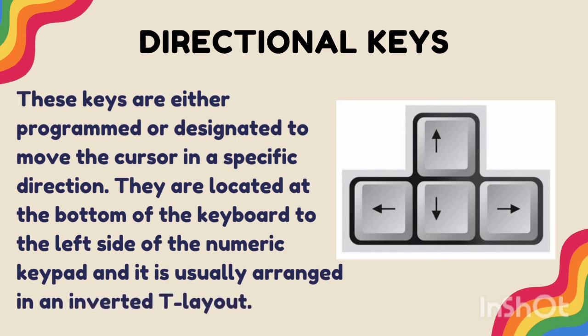By the right side, you see them in the form of a T. It has four keys in the form of an inverted T, the T that is upside down: one facing up, one down, one left, one right. You can use those keys to move the cursor from one place to another in different directions.